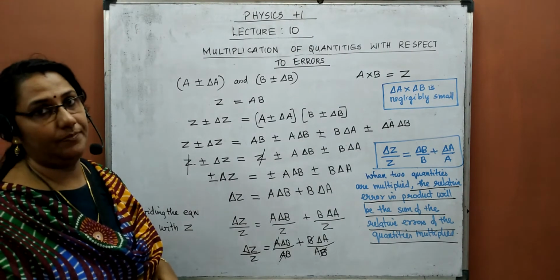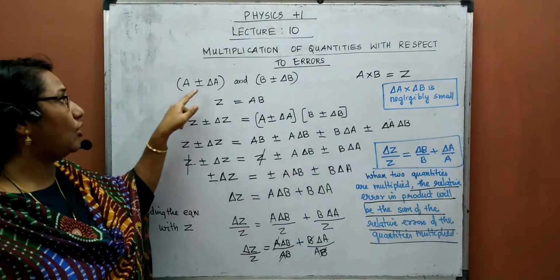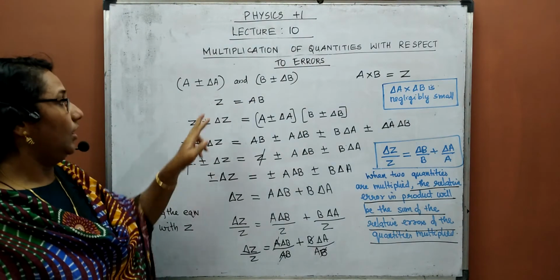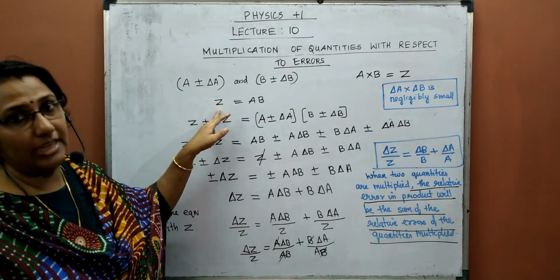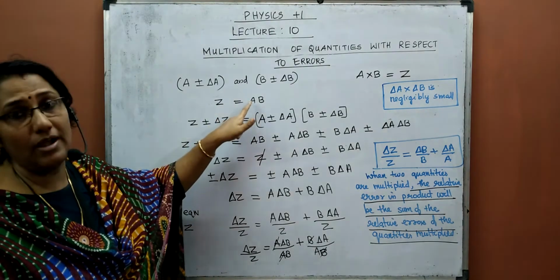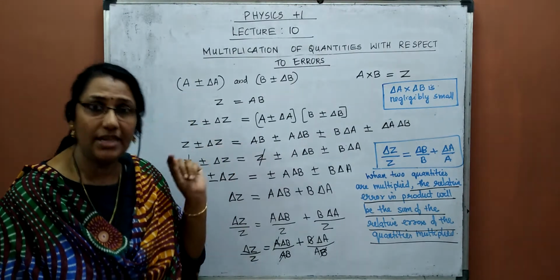Hoping you understood. That is, two physical quantities A and B are given as A plus or minus delta A and B plus or minus delta B. We have to take the product Z. Z is equal to AB. But since the taken quantities have certain error, surely the product will also have certain error.